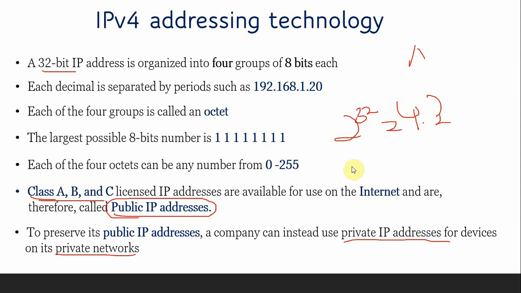I can use the private IP addresses for communications of computers in my local network. That's when private IP addresses came in. So we have public and private IP addresses.